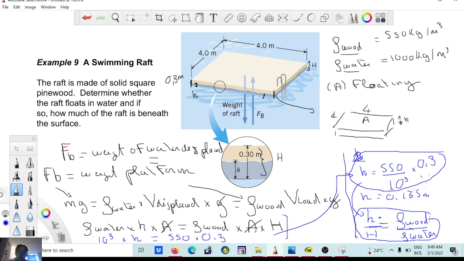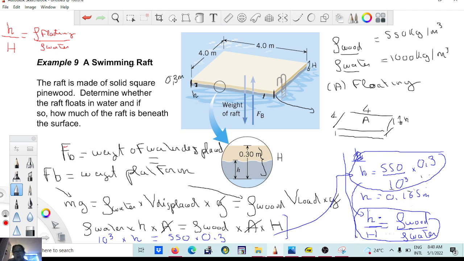So that's the equation to memorize. The equation to memorize is that when something is floating, the height underneath the water divided by the total height equals the density of the floating object divided by the density of water.